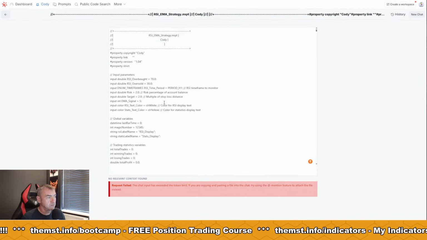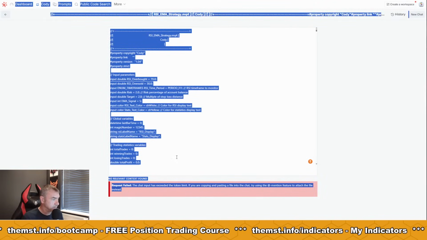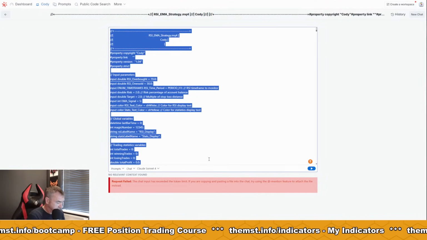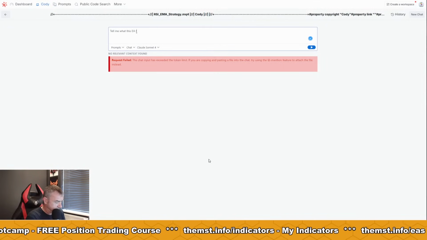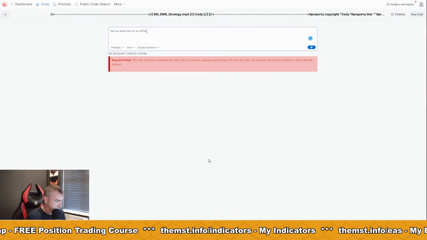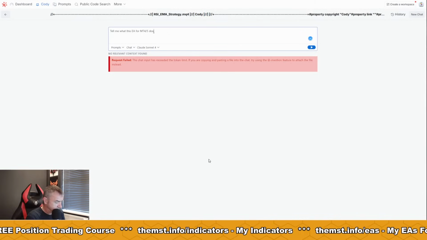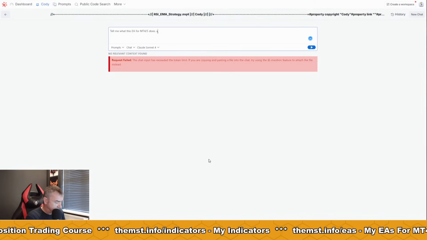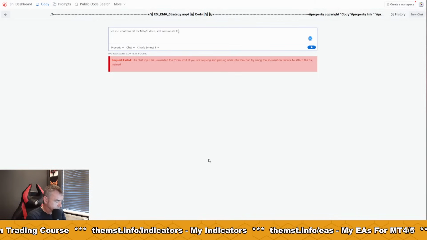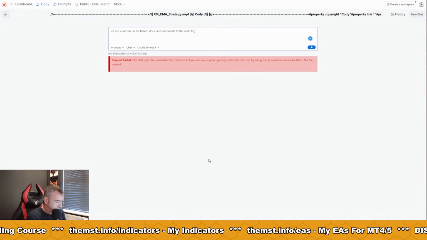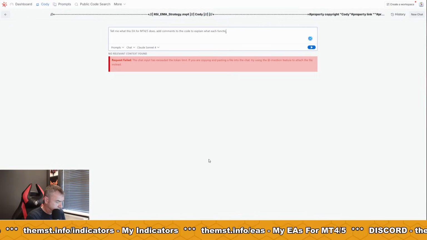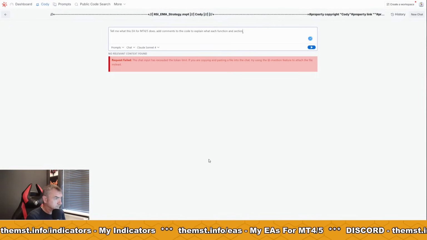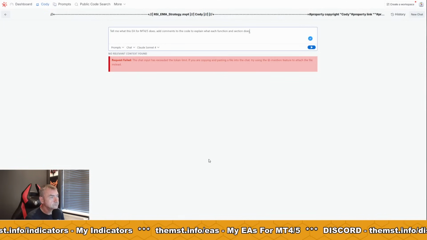So the prompts that you want to use is going to be something along the lines of, tell me what this EA for MT4, 5, whatever it is, does. Add comments to the code to explain what each function and section does.